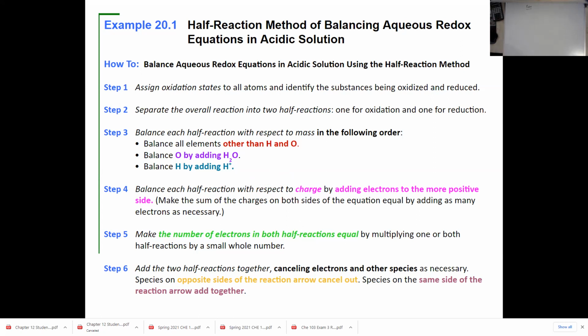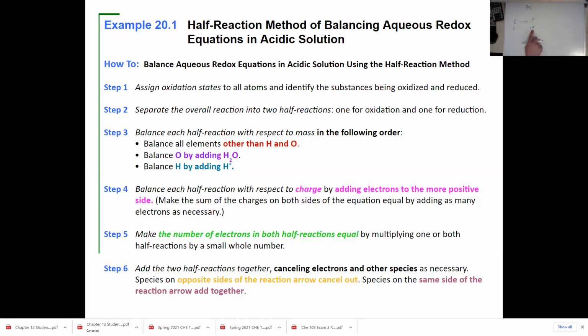Okay, so for example, if my reaction looked like this, like I have reactants forming products. If the charge on my reactant side was, let's say, -2, and the charge on my product side was +4, okay?